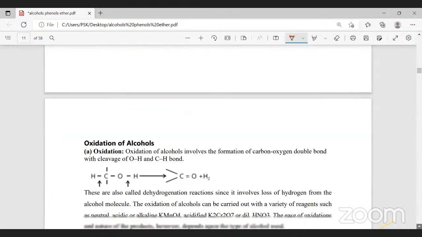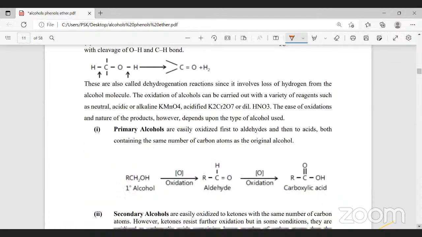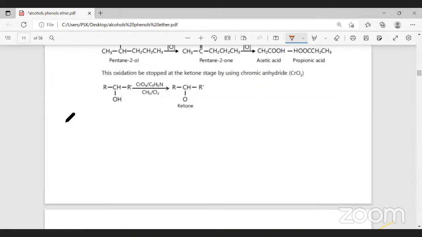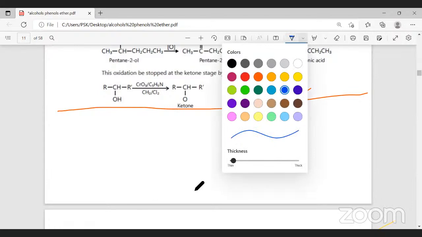Yes, sir. Now I need to teach you the mechanism. I am looking out for the place. I'll teach you the mechanism of this reaction, and then we'll continue the class possibly in the next class. Now the mechanism of dehydration.